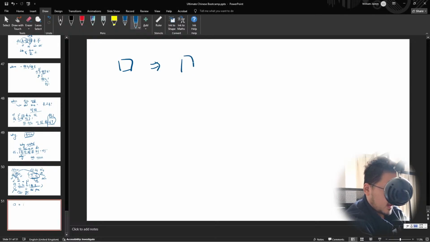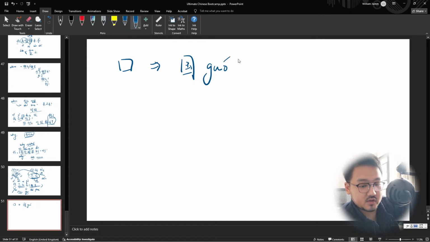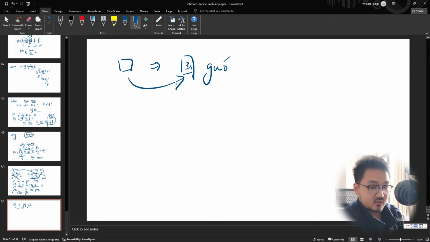For example, we add a jade inside, that becomes 国, right? That literally means the country, 国家. So basically it's one basic component, and we can add more things inside. We're going to cover that extensively. You can see this kind of structure a lot, but since we're talking about 独体字, let's continue.